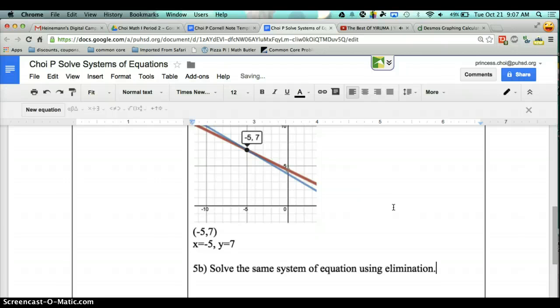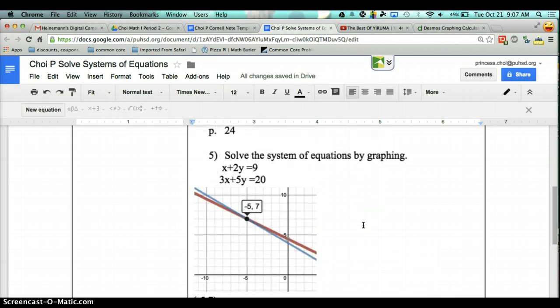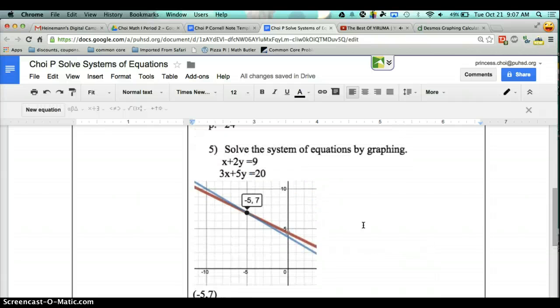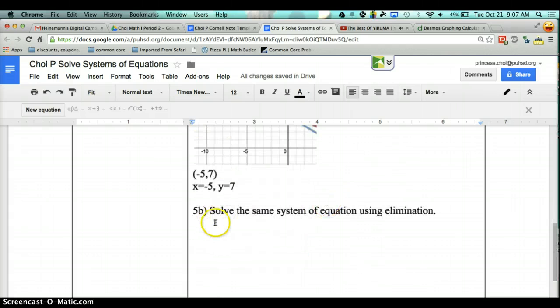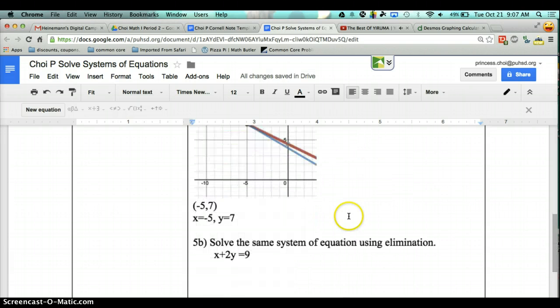All right, so now this might give you a headache, but let's try this. I'm going to have to copy this equation again, then copy this equation again, right?